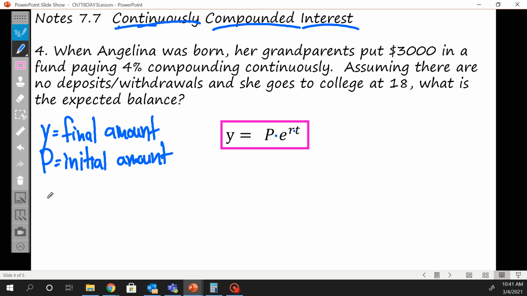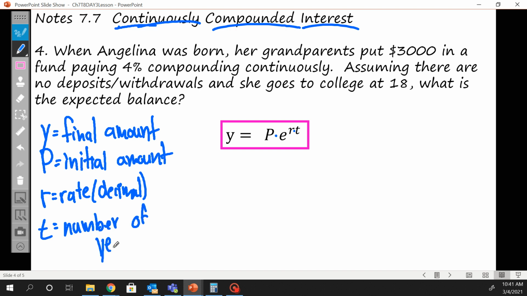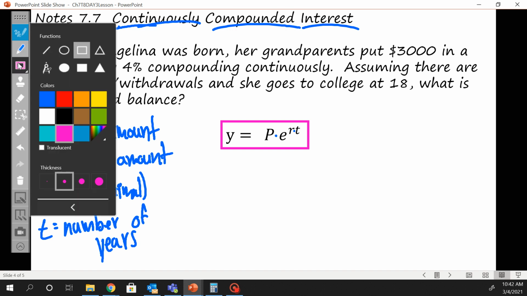It's in the calculator. R is the rate, and that rate should be expressed as a decimal. It will be given as a percentage. You need to divide it by 100 to express it as a decimal. And T is the time, which is measured in years, so the number of years. All of this information can be found from the problem.